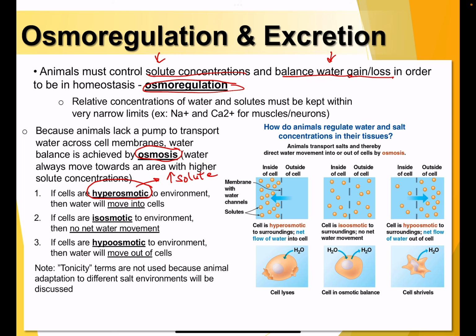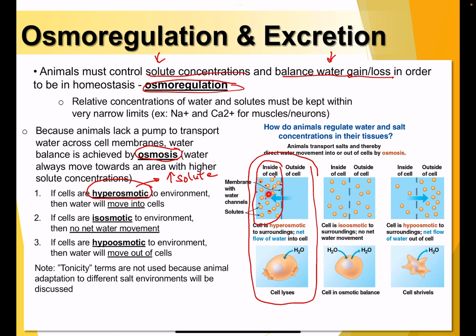It's illustrated here in this picture. Inside the cell, there are a lot of those orange circles. Those circles represent the amount of solute you have in the solution. Hyperosmotic means there are more orange circles on your side, which means more salt or solute on your side.